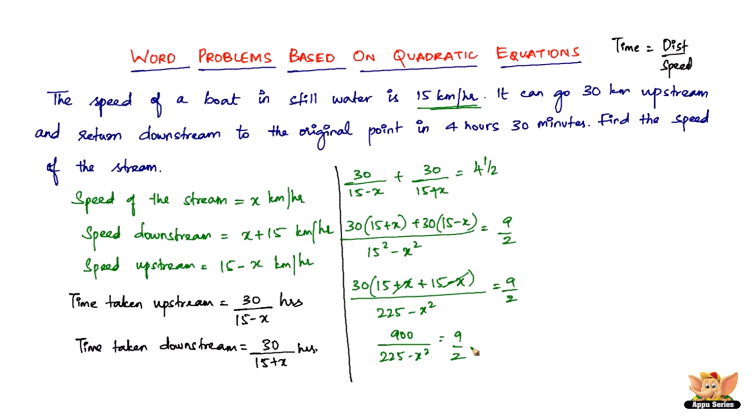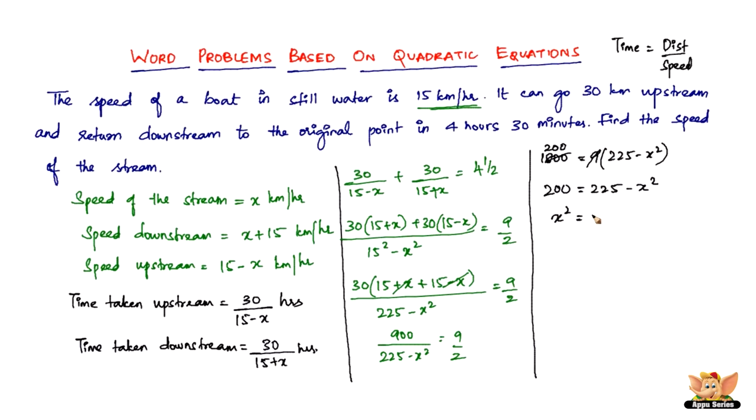So another cross multiplication is in store for us. Rewriting this, we get 900 times 2, cross multiplying, we get 1800 equals 9 times 225 minus x squared. 9 goes 200 times in 1800. So you get 200 equals 225 minus x squared, or rearranging it, x squared equals 225 minus 200.